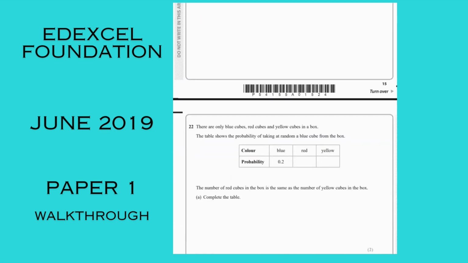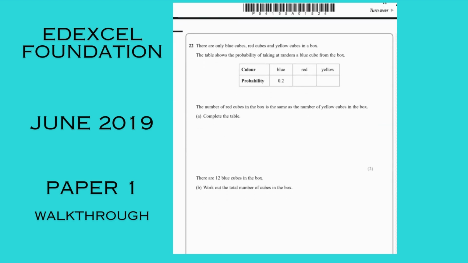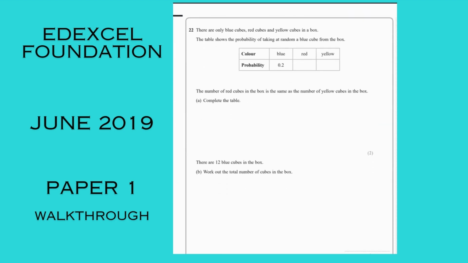On to question 22. Probability. So there's only blue, so the table's there for you. The table does all that for you, don't worry about that. Red and yellow is the same. Total of the probabilities must add up to 1, meaning the total of red and yellow must add up to 0.8.